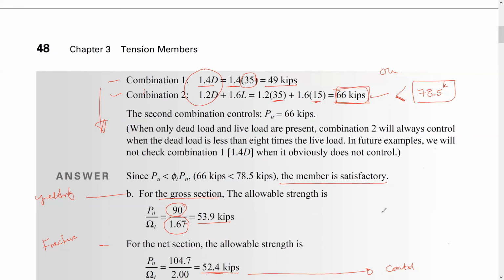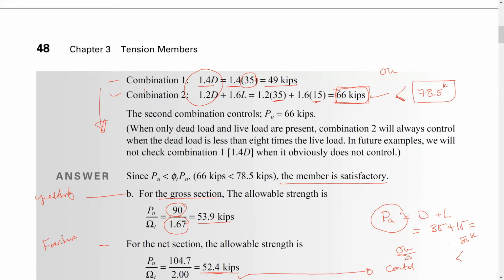We will see that case number 2 is dead load plus live load, which is equal to 35 plus 15, and this one is 50 kip. Okay, so here the applied load, which is 50, is less than the design strength, which is 52.4. So the section is satisfactory, or the member is satisfactory, and the section is safe and okay.